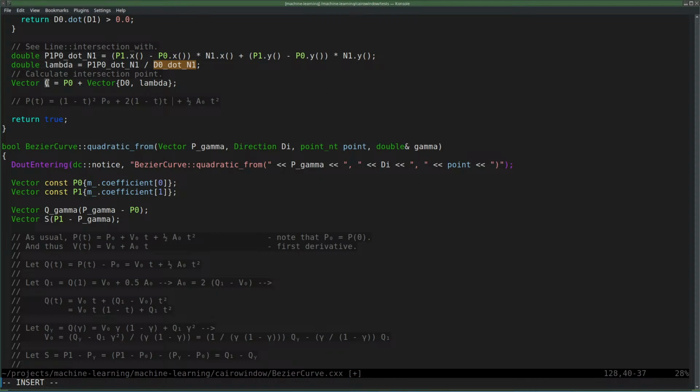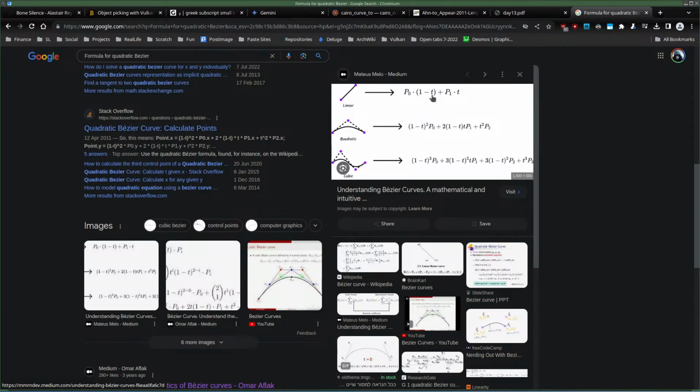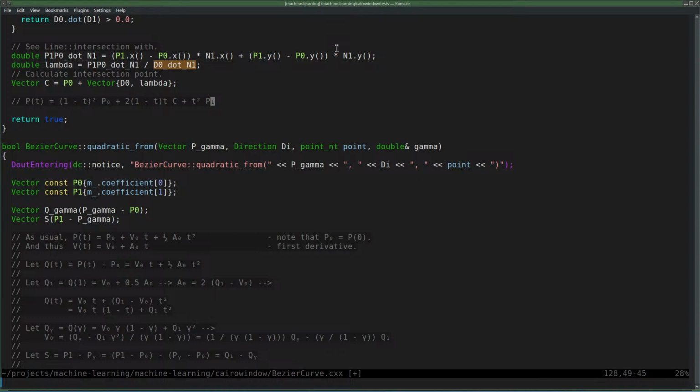That would be the control point then. Plus t squared times p2. Yeah.